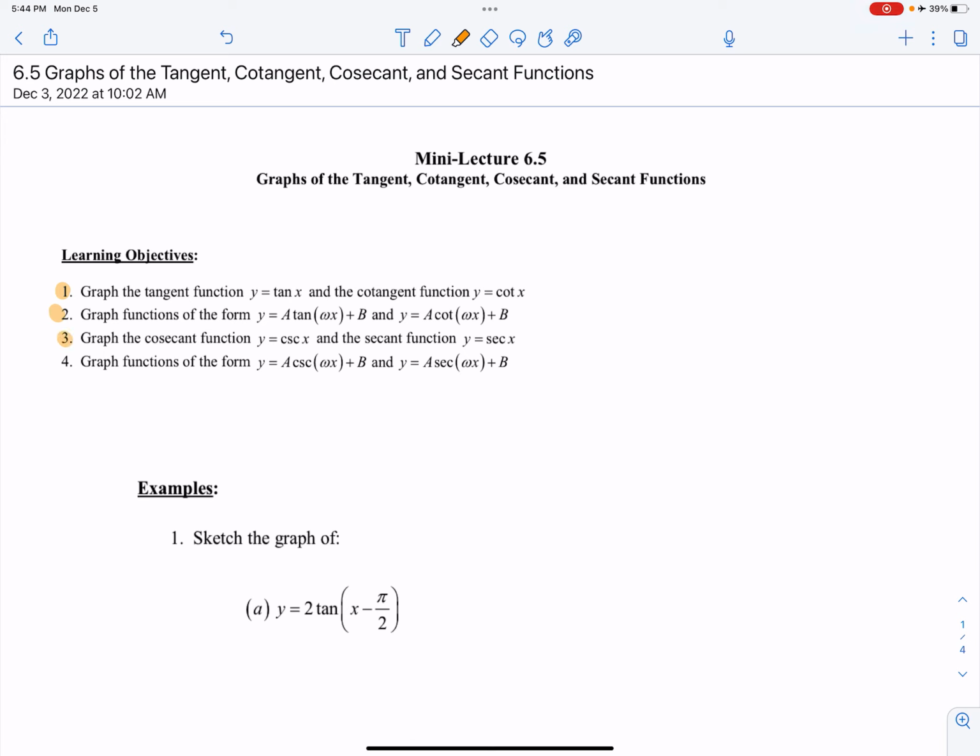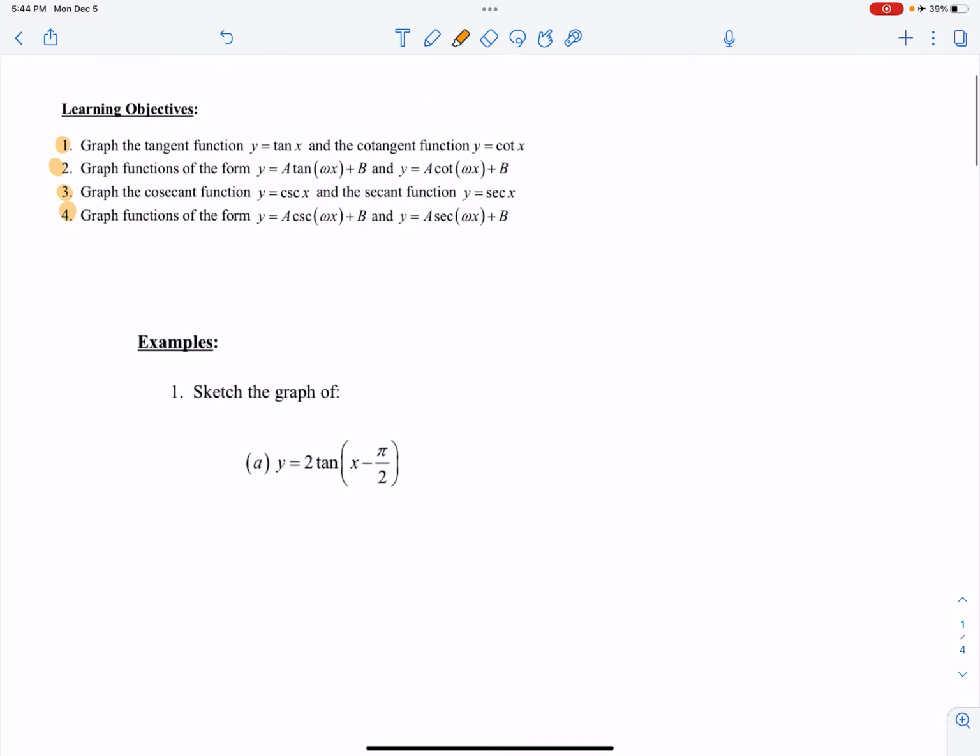Graph the cosecant function y equals cosecant x and the secant function y equals secant x. And graph the functions of the form y equals a cosecant omega x plus b and y equals a secant omega x plus b. So let's get started.